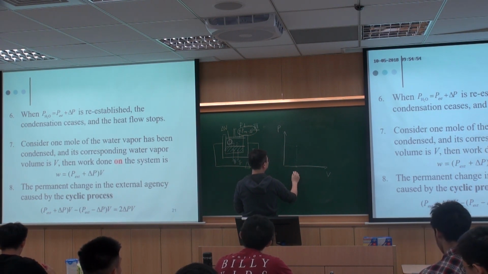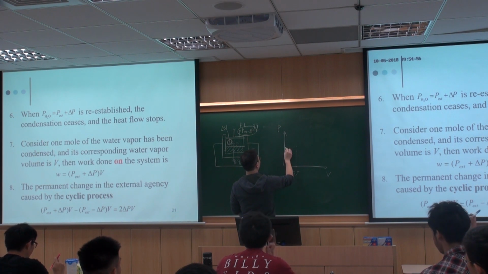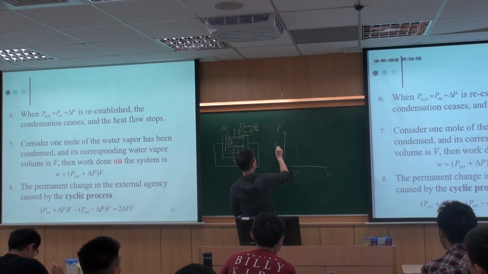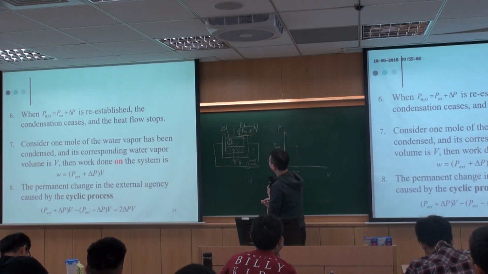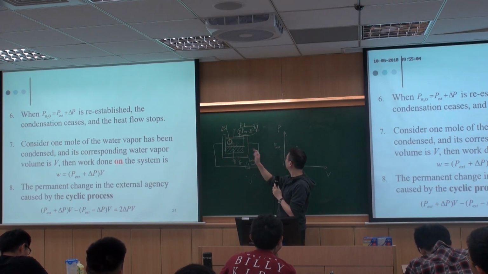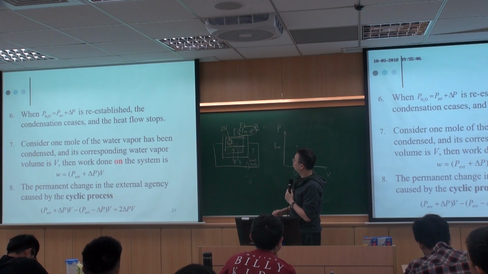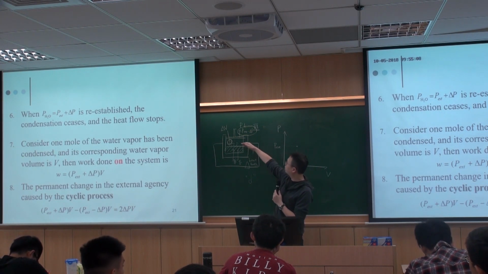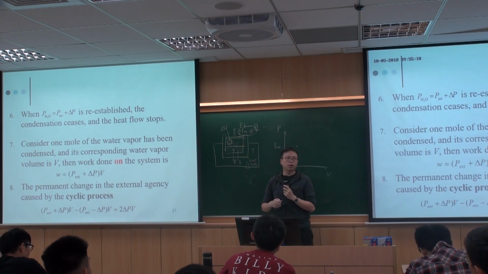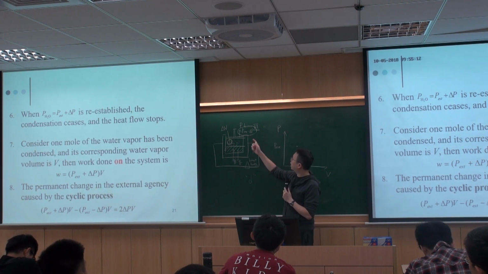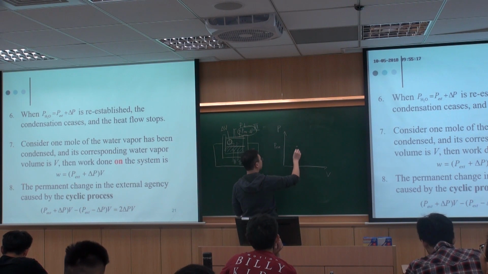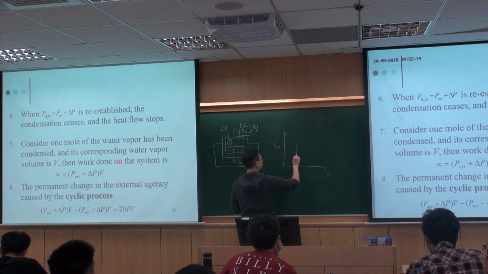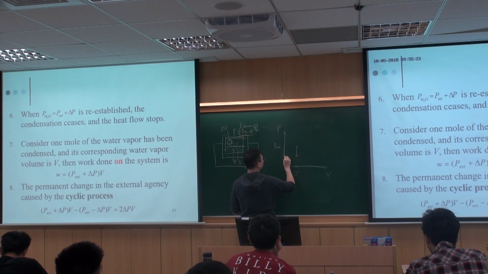Call this V. And this is P external. So originally, it's over here. The gas molecules here is at this state. And when you pull this up, then the pressure drops to P minus delta P. So that means this will drop suddenly here.